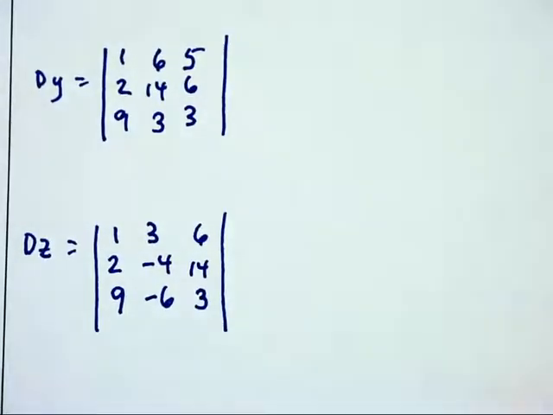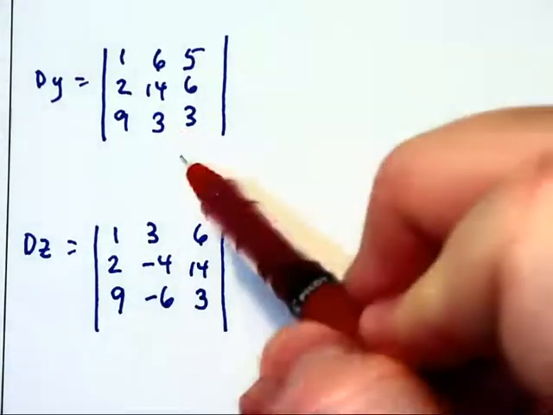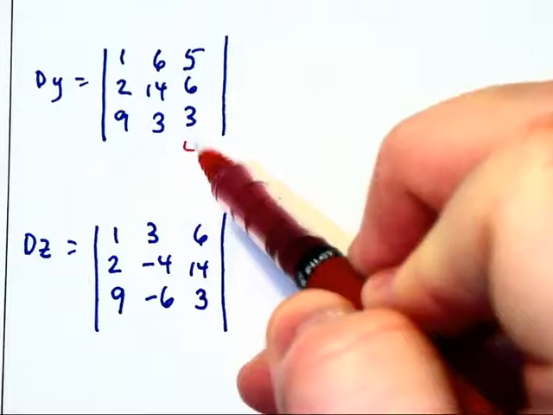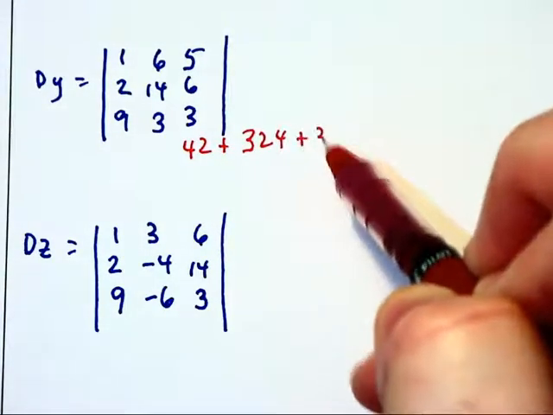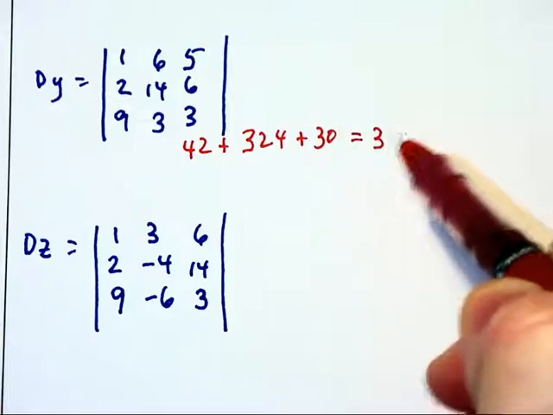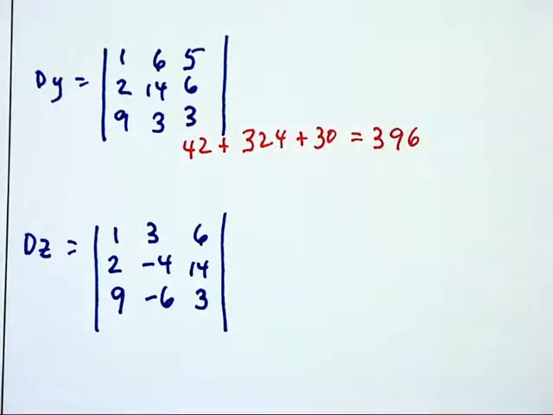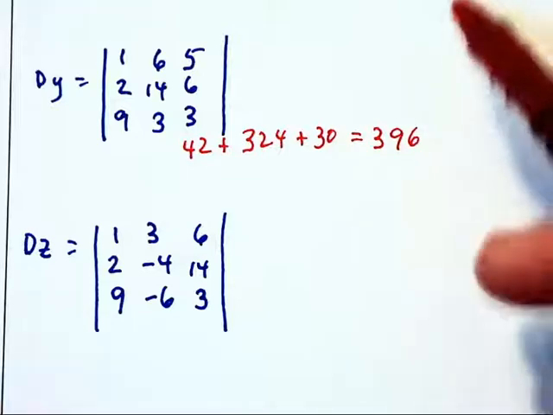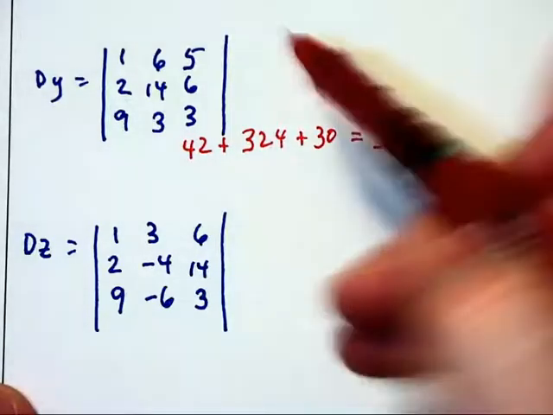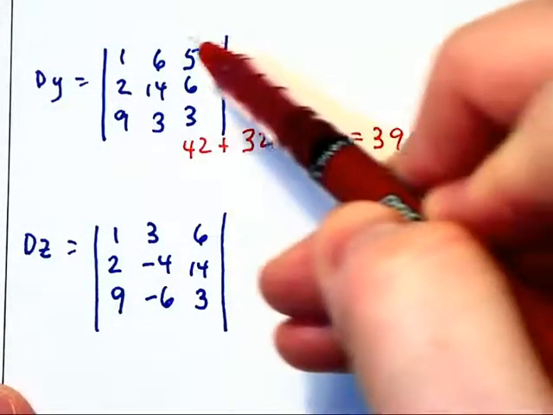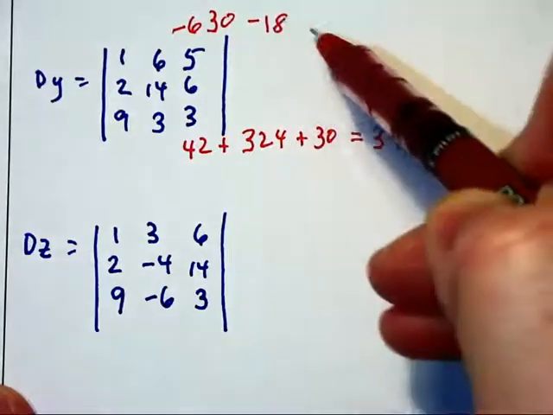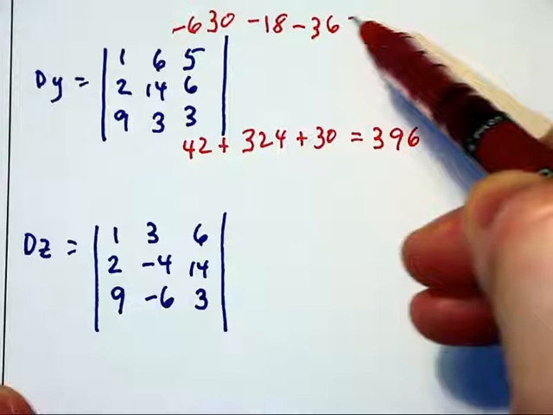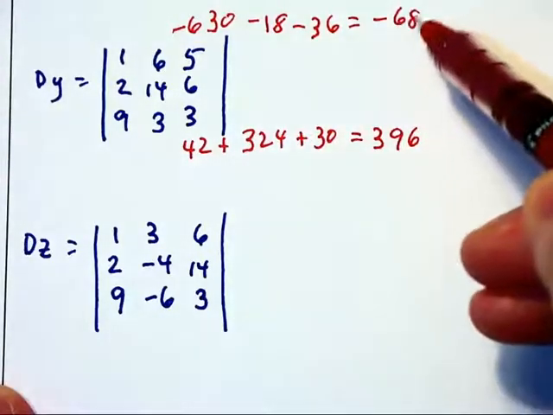So here we go for dy and dz. For values across the bottom, 42 plus 324 plus 30, adding up to 396, and I recommend that you check each of these by pausing and stopping your video. Multiplying upward and changing the signs, we have -630 minus 18 minus 36 equals -684.